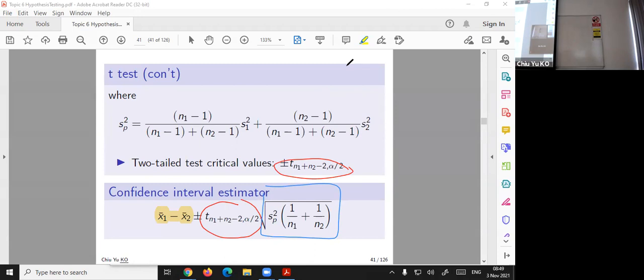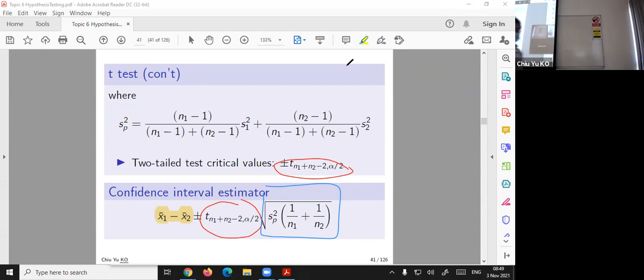If you look at everything we have done for the sample mean, when we talk about confidence interval and hypothesis testing, it is always like this, just the estimate plus or minus. How to derive this? Same logic as we have done, because you can imagine x1 bar minus x2 bar is one random variable. So everything remains the same, just replace things. Is that okay?